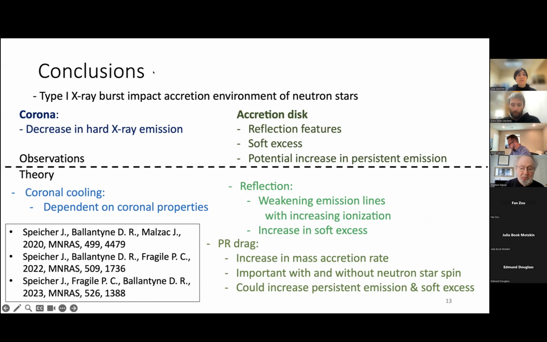I don't know if you have that information. You show in one of your slides the column density of the gas, but do you know what the typical particle density will be?